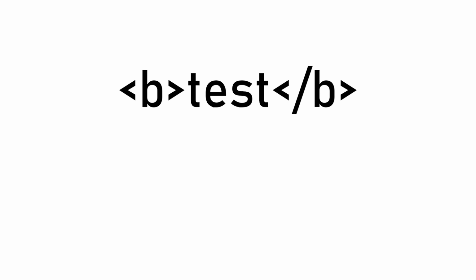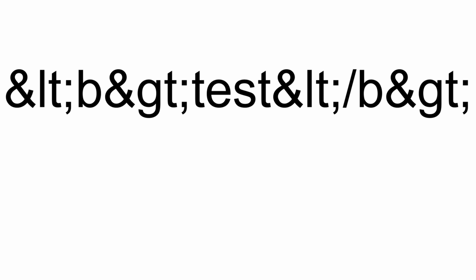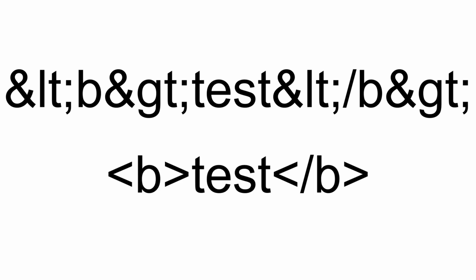The browser detects this sequence as an HTML tag and bolds your text. What if a user wants to put the text B on the website and doesn't want to treat it as an HTML tag? That's a job for entities. You only need to convert the greater than and lower than characters to entities and it's done. Right now we know what entities really do.